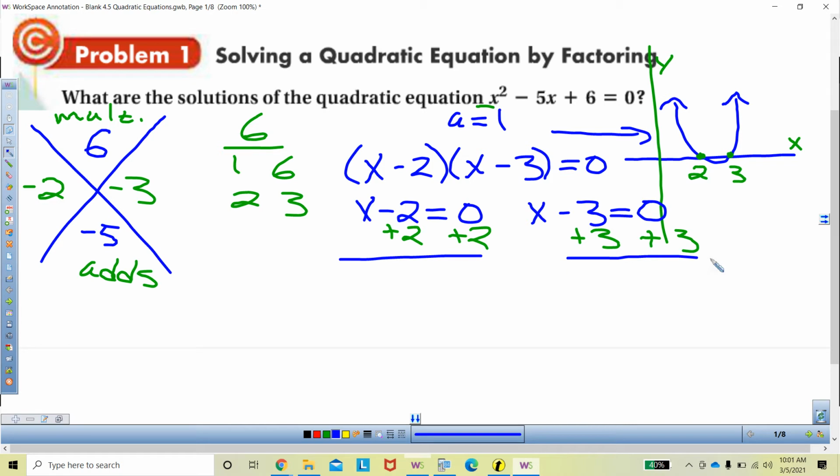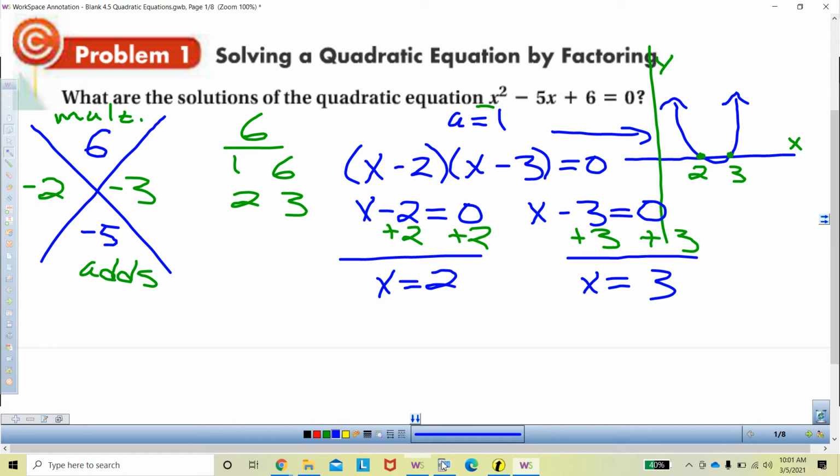You might catch yourself making a stupid sign error or something like that. So why wouldn't you show this step, especially on the quiz? And even on the homework, you want to practice these skills that I teach you. So do this on the homework as well. Like show every step you would show on the quiz on the homework. Because if you do it the same way, you're more likely to do it correctly. So x equals 2, x equals 3.